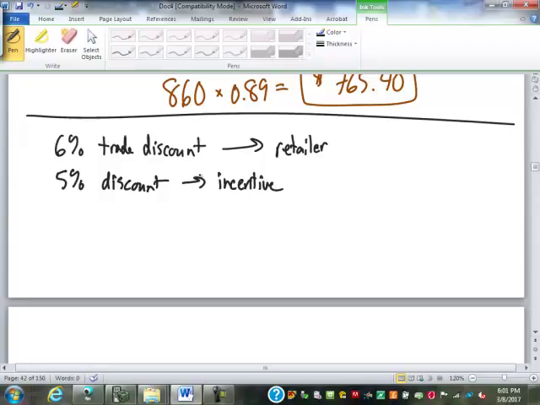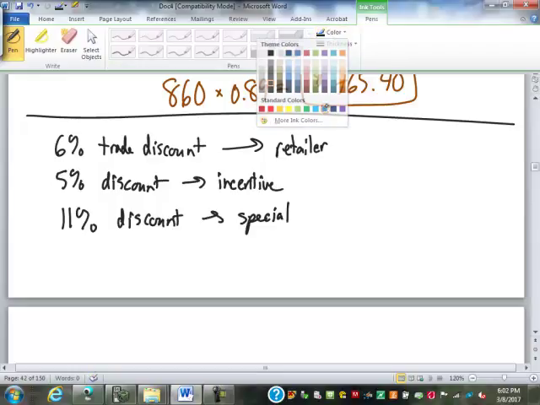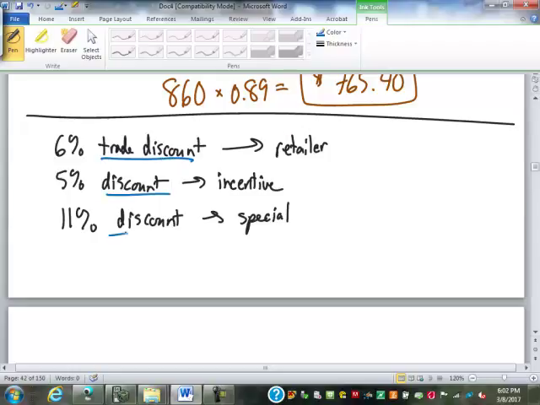Now, let's say that they have a new product that they want to get out there, so they're going to give you an additional discount if you buy some of that product. So let's say they're going to give you an additional 11% discount for that product. I'm just going to call that a special discount. All of these actually qualify as trade discounts.